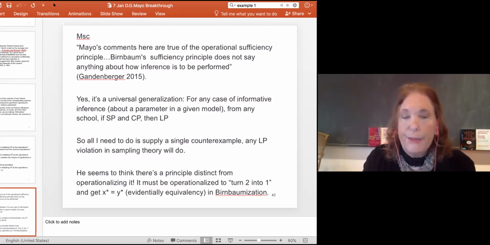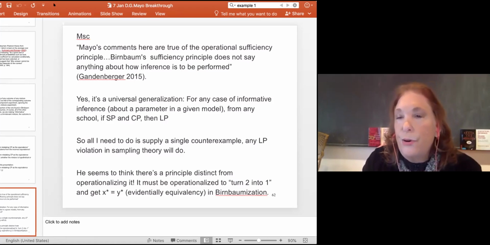It's true that Birnbaum wants his derivation to hold for any account. It's a universal generalization.